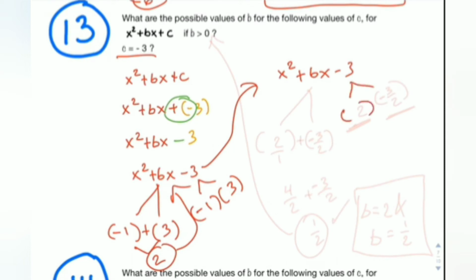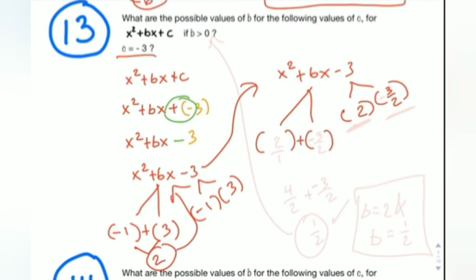Find another value for b. Again, you need two numbers that multiply to -3, and when you add them, equal b. We know that one of them has to be negative, so let's pick -2 times 3/2 equals -3.